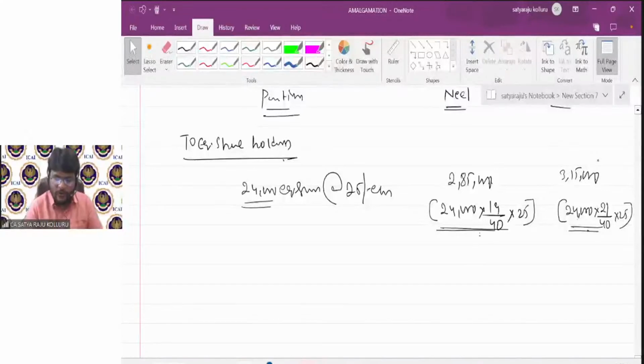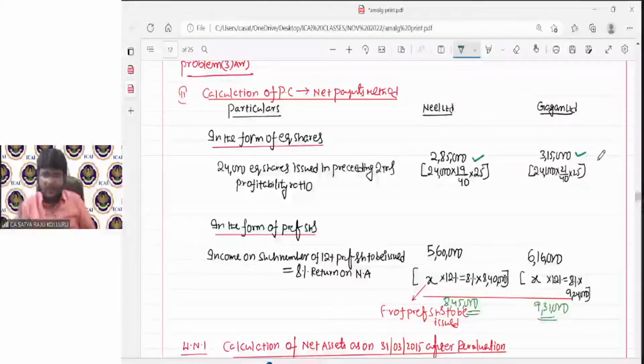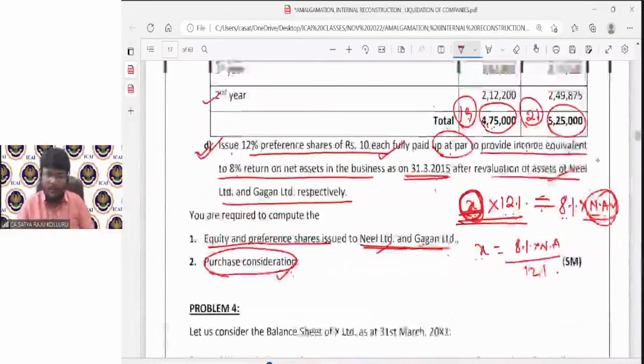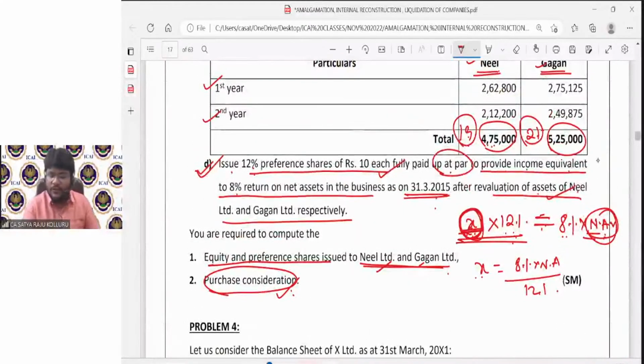Next, come to preference shareholders. All of you please concentrate. How do we work out the amount payable to preference shareholders? It is clearly given: issue 12% preference shares of 10 rupees each, fully paid up at par. I don't know how much face value of preference shares I need to issue.